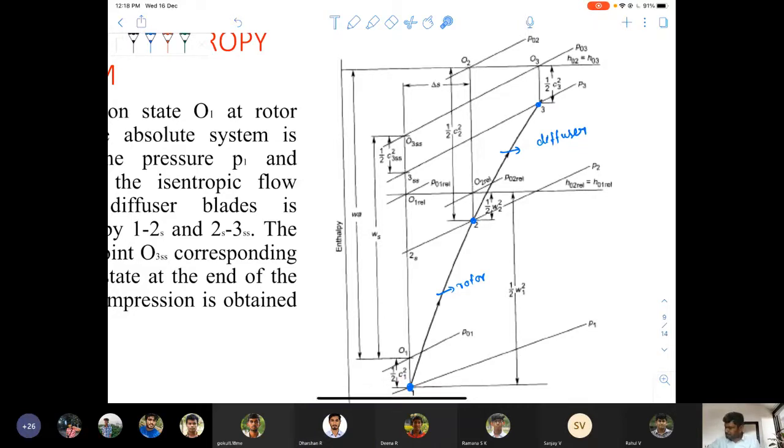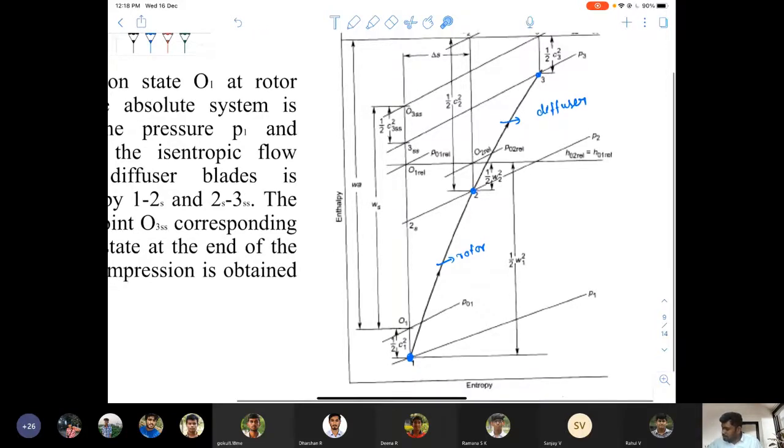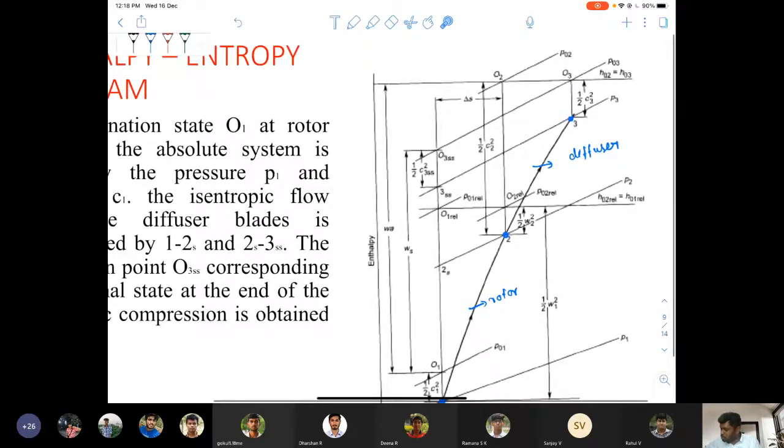Here P1, P2 and P3 are the static pressures. P01, P02, P03 are the stagnation pressures, and this relates to the relative velocity.